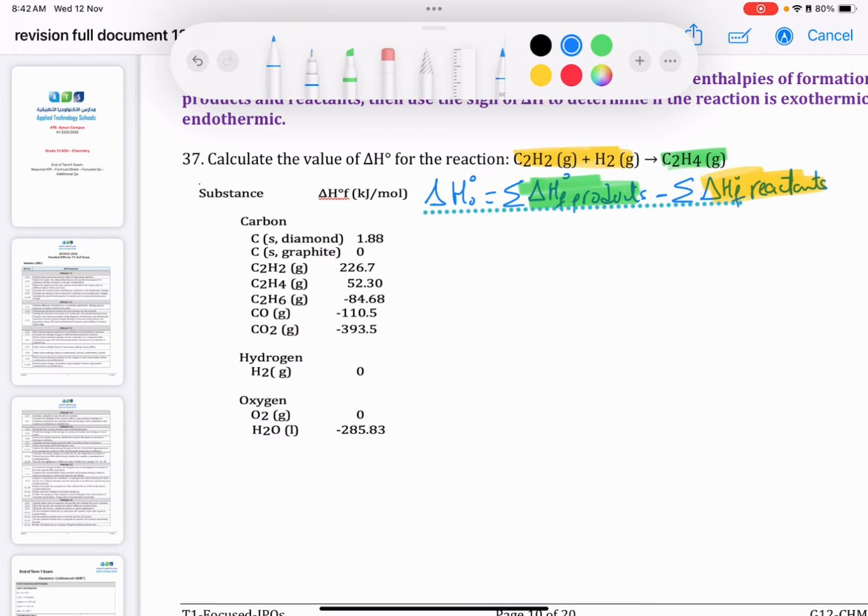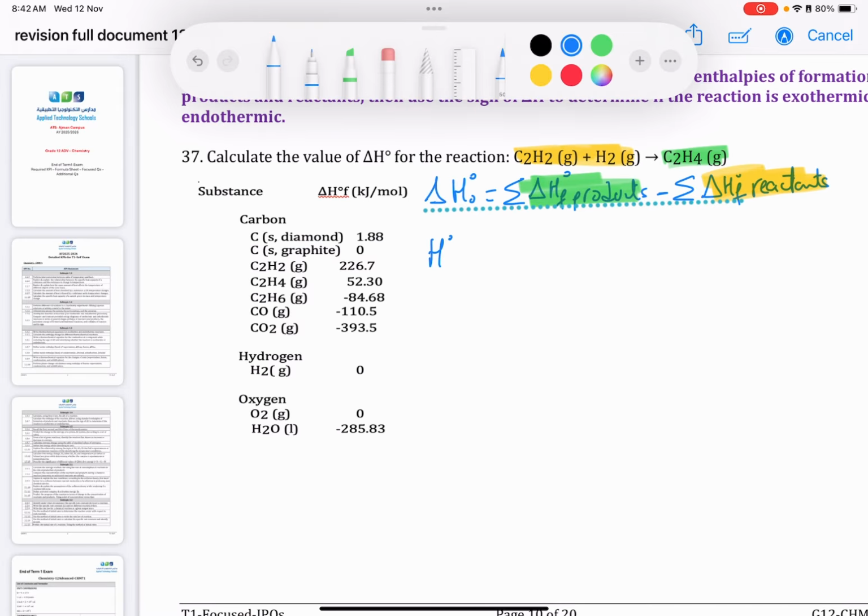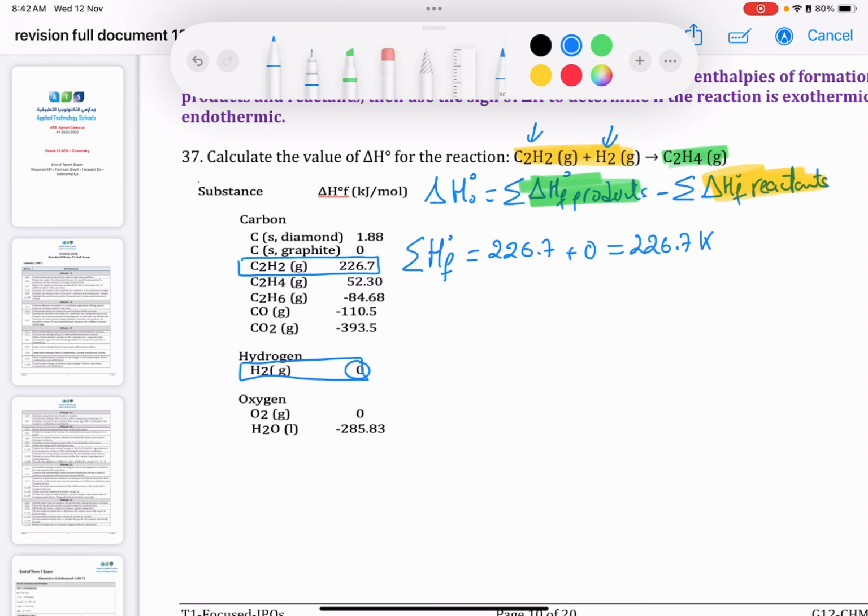Now, let's start finding the total enthalpy of reactants. So I have this one, C2H2 gas, it is 226.7, and there is the hydrogen, and the one for hydrogen is 0 because it's a standard element. So the enthalpy of formation of reactants is 226.7 kilojoule per mole.